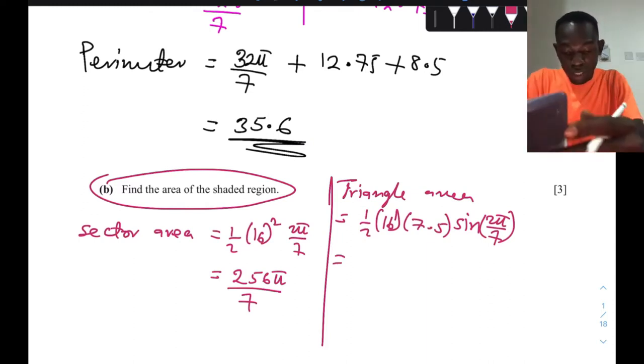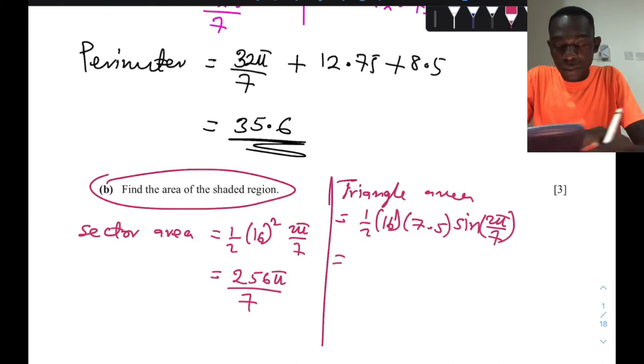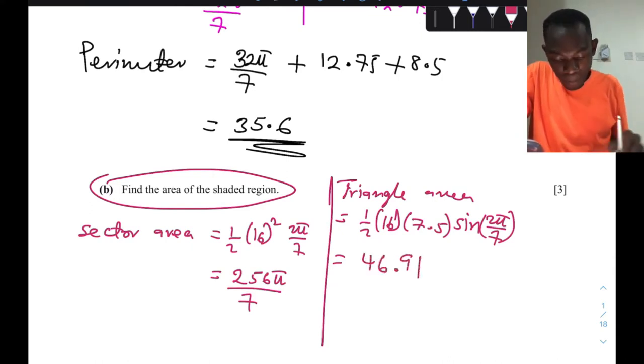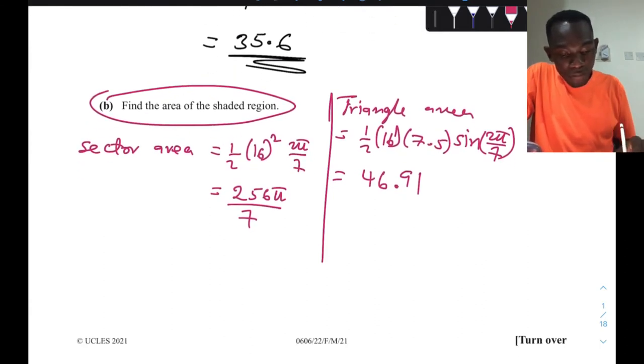That means we have 0.5 times 16 times 7.5 times sine of the angle, which is 2 pi on 7, right? So that gives us 46.91.